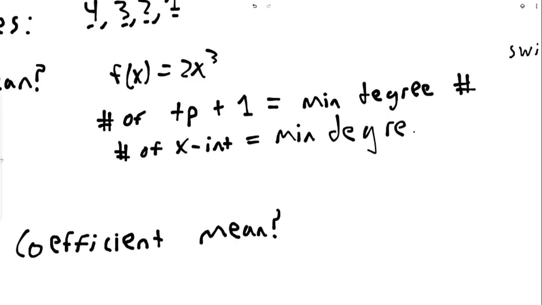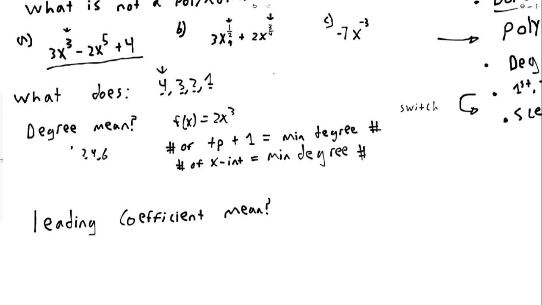Again, it could be like power 8, but if it's just x to the power of 8 plus 2, for example, then it's going to look something like this. Or sorry, it'll be more steep. It'll look like this, and there won't be any x-intercepts.